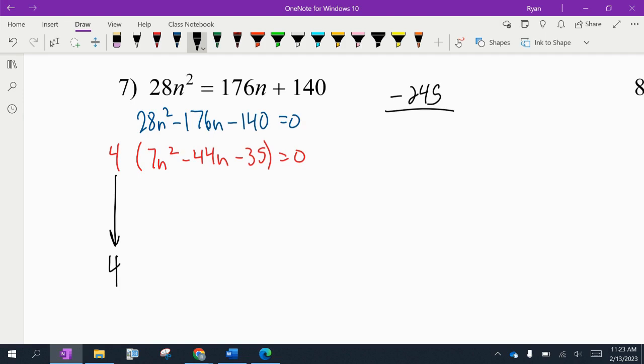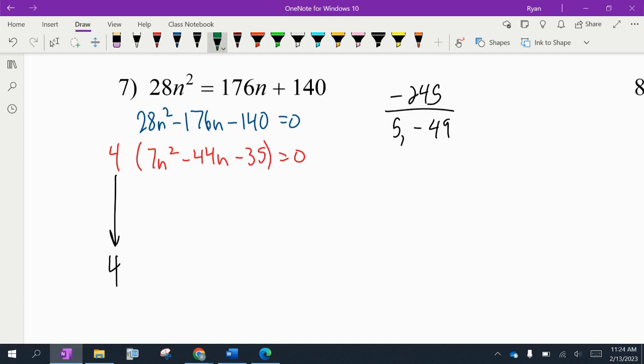What multiplies to 245? Well, I know it's not even, so 2 won't go into it. Try to divide it by 3 and it doesn't work. 245 divided by 5 is 49. To get a negative, one of these numbers has to be negative. We're adding to a negative 44, so thankfully this is the combination that's going to work.